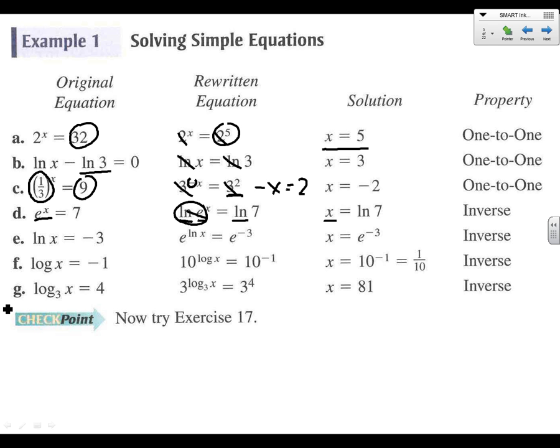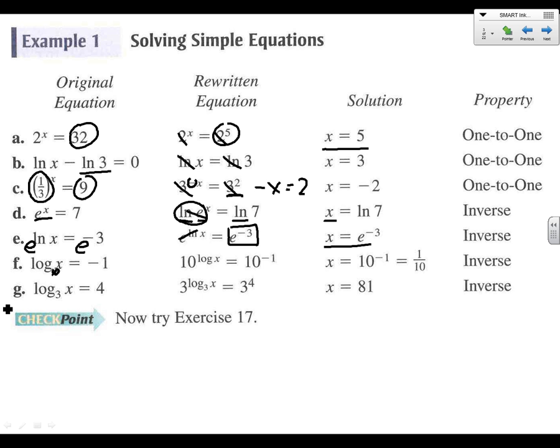All right, same thing on the next one. We want to get x by itself, so we're going to put an e in front. And this is an exponent problem, so you'll notice it's e to the negative 3, not e times negative 3. The e and the natural log cancel, and so x equals e to the negative 3rd. Same thing for log problems. The only thing to remember on log with nothing here is that it's a little 10.